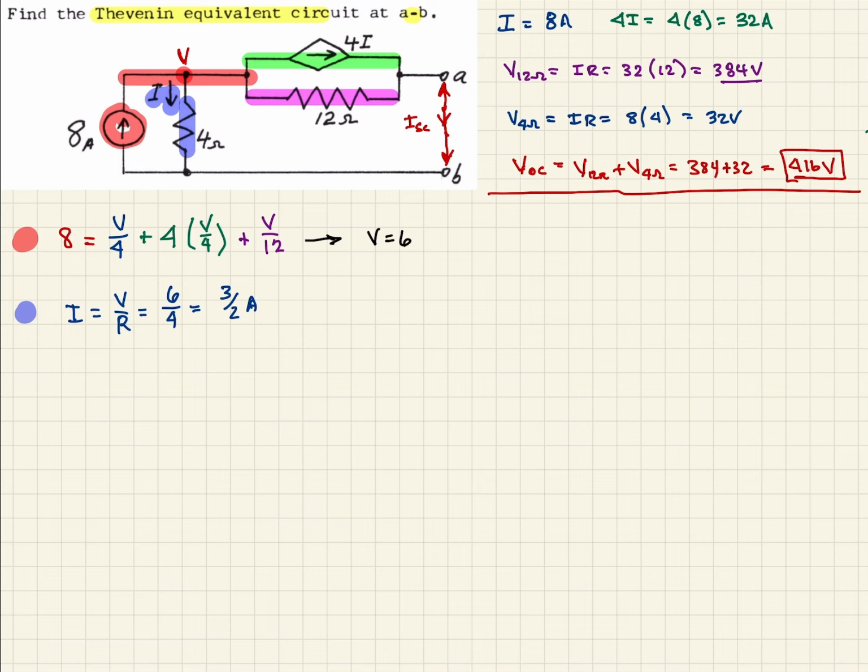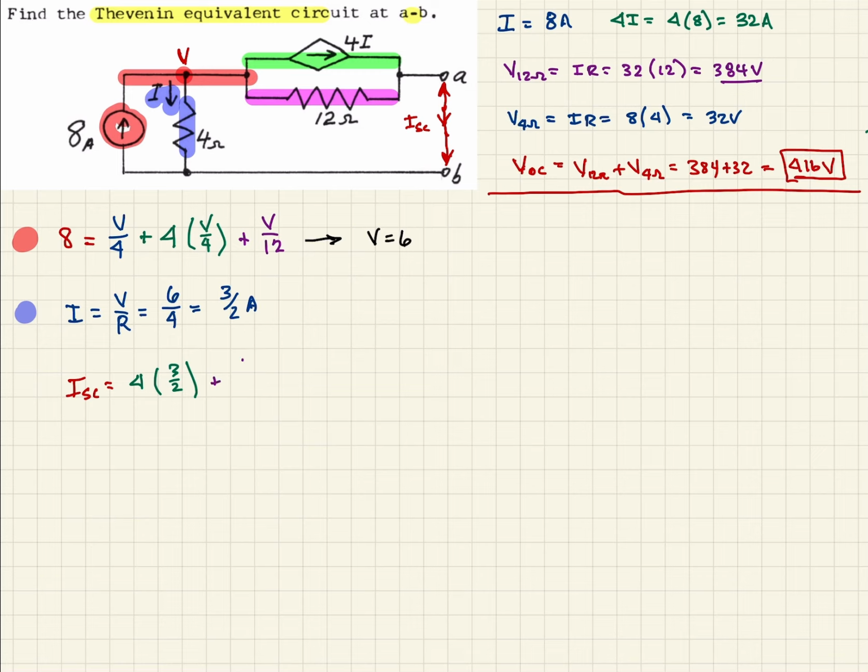Now we should be able to calculate our short circuit current, ISC. What that's going to be is our current source, so that's going to be 4 times 3/2, right? And then that's going to be our current flowing through the 12 ohm resistor.